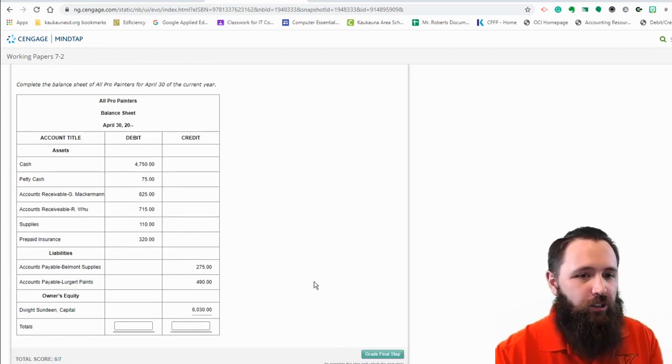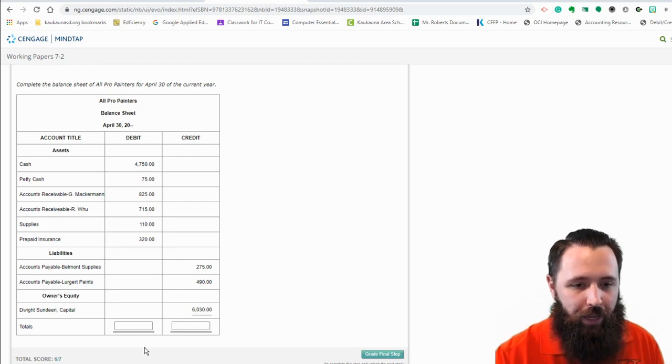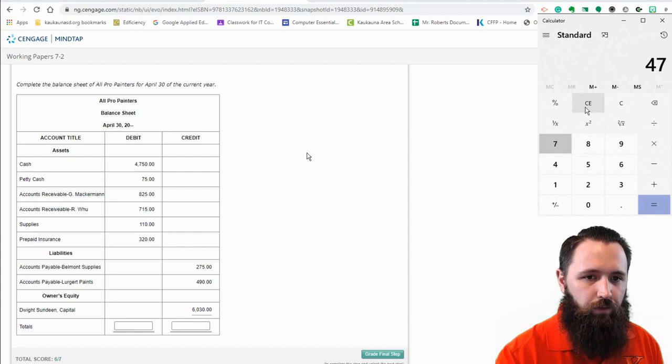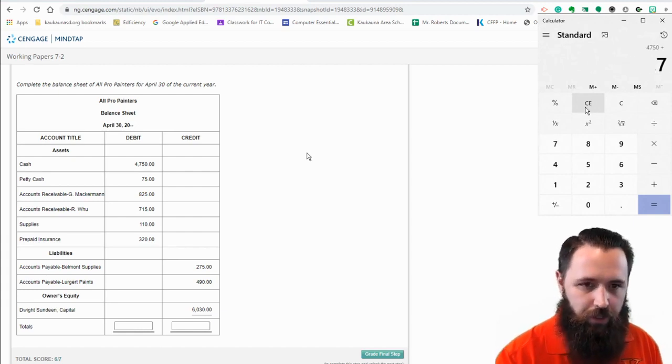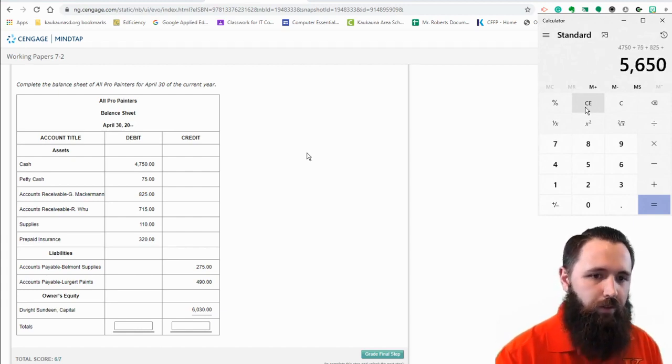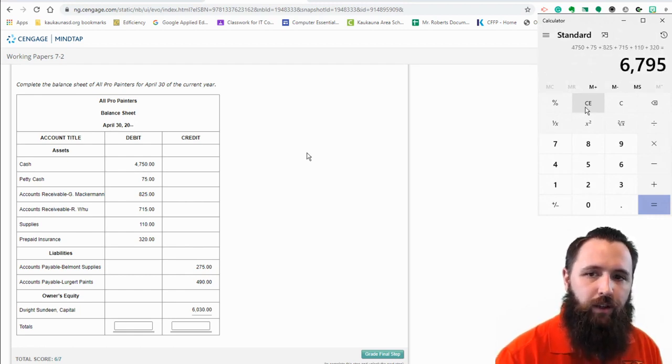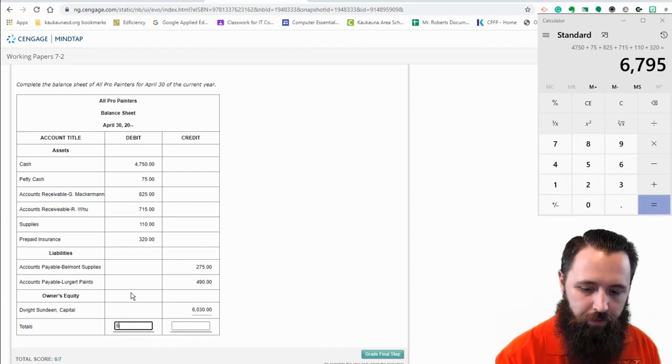And now we have our balance sheet totals. So we're going to take all of our assets, our debits, and then all of our credits. We're going to add them up and make sure that they balance. So our debits, let's add those up. 4,750 plus 75 plus 825 plus 715 plus 110 plus 320, 6,795.